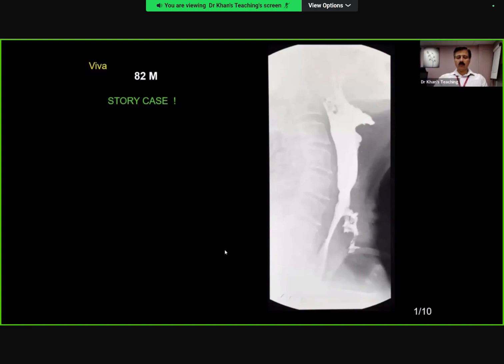So this is a lateral projection of a barium contrast swallow. There's contrast outlining the hypopharynx and proximal esophagus, with some evidence of aspiration.